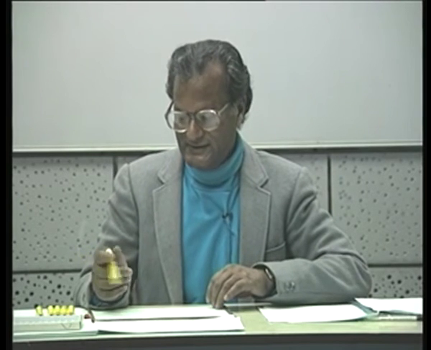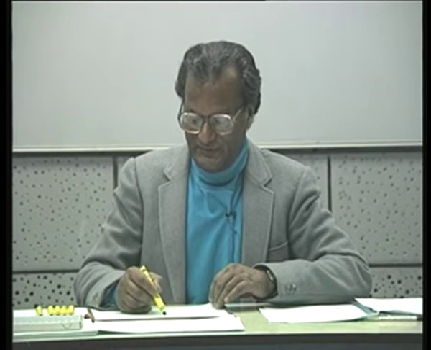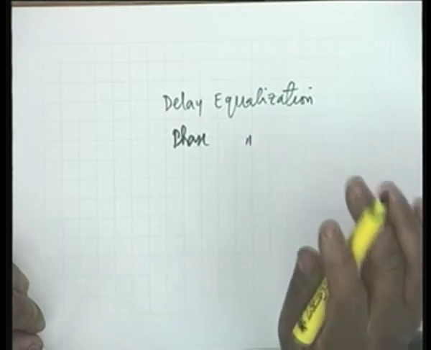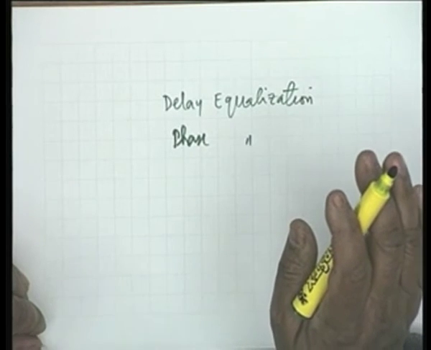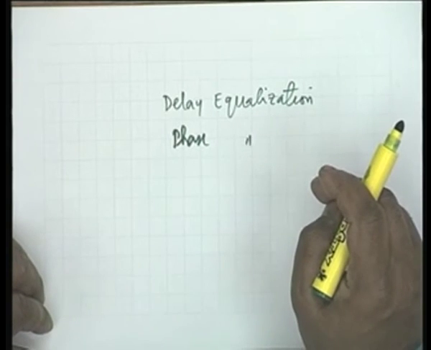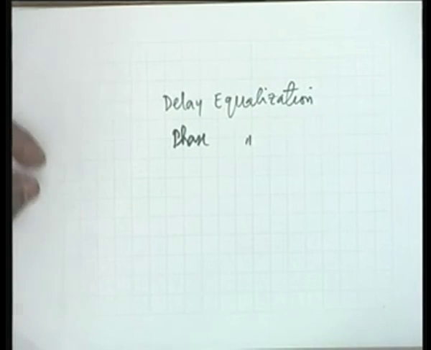In that sense, it can also be called phase equalization. Phase equalization means that phase is converted to a linear function of frequency. Point clear? All right. Any question at this point?